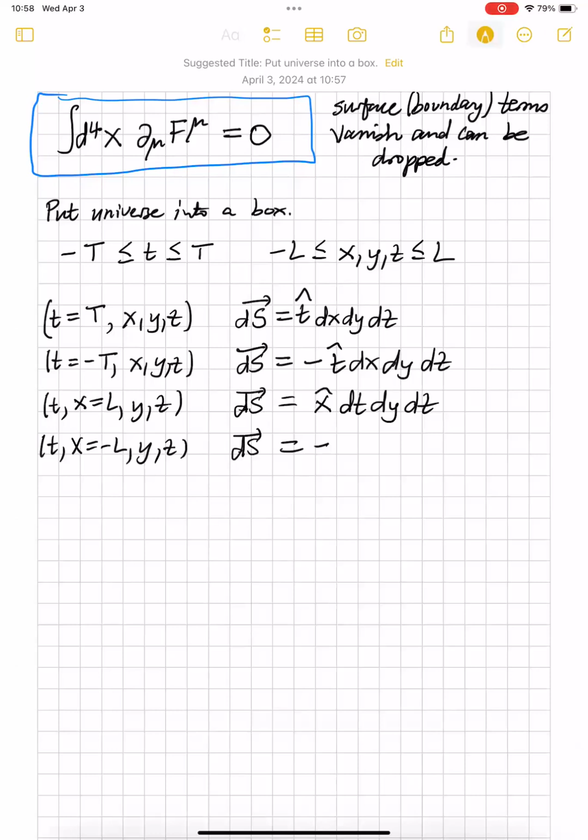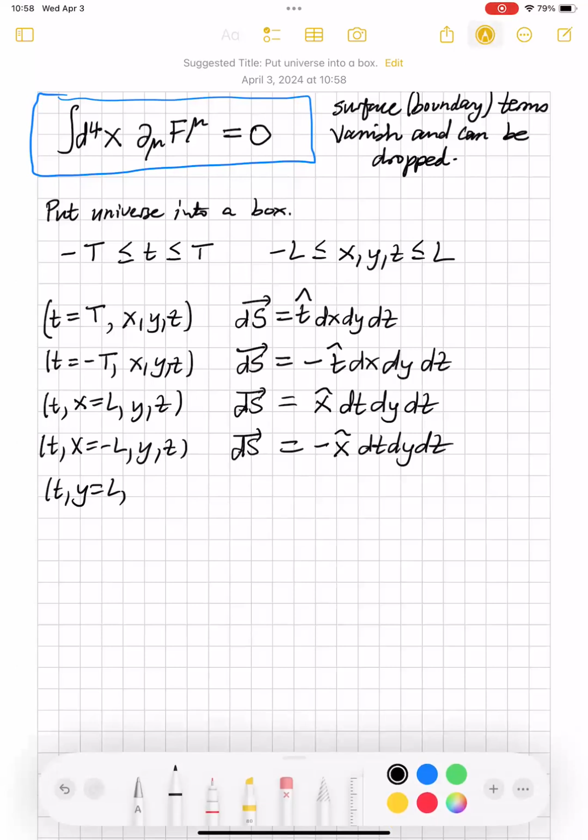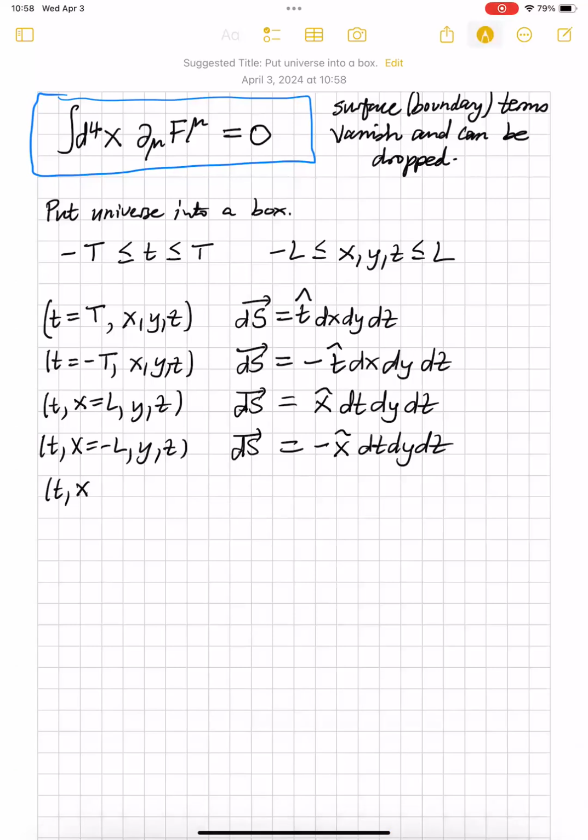And here we would have a minus x hat dt, dy, dz. Then we will have a side at y is equal to L, at any t, x, and z.